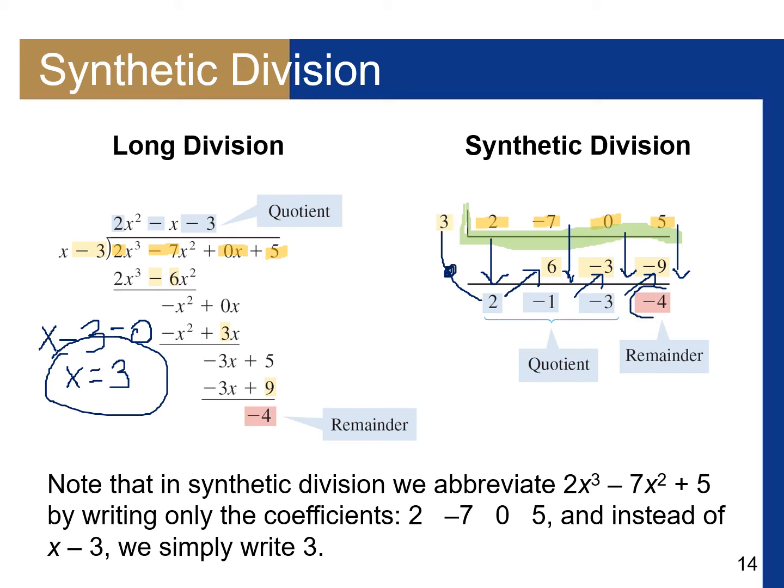This last part right here is my remainder. This is my quotient. Well, how do I know it's my quotient? Well, these are the coefficients of 1 degree less than what I started with. So since I started with x cubed, this will be x squared minus 1x minus 3.